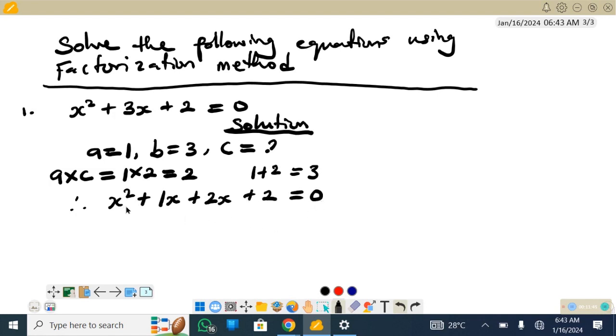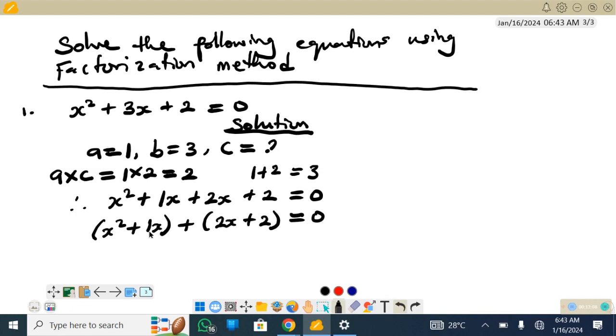So the next step now, after we have done that, is to group our equation. We have done that in our previous videos on factorization. So we group these two. We have s squared plus 1s plus 2s plus 2 equals to 0.